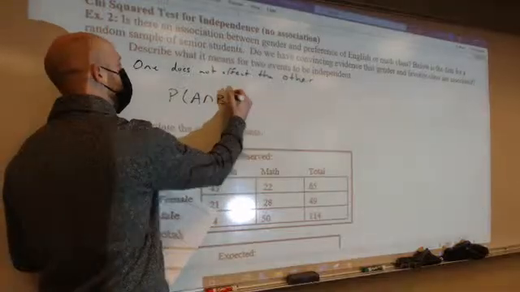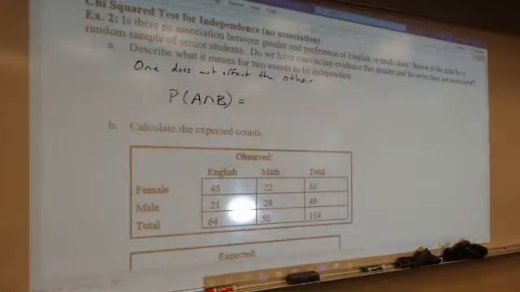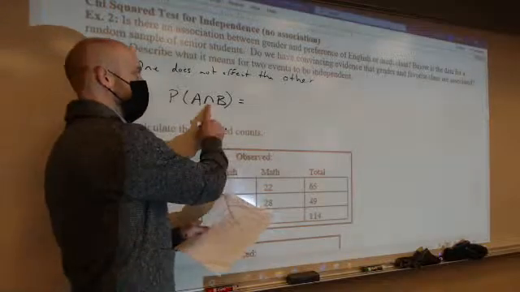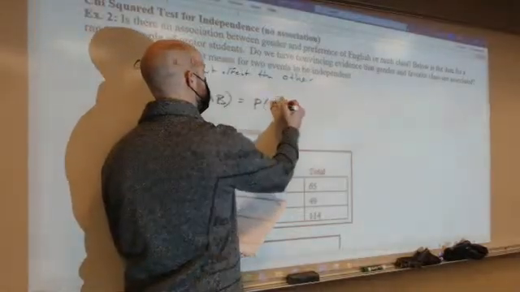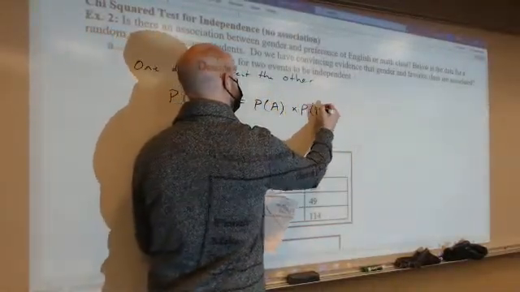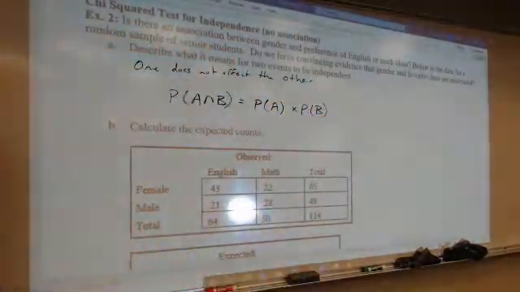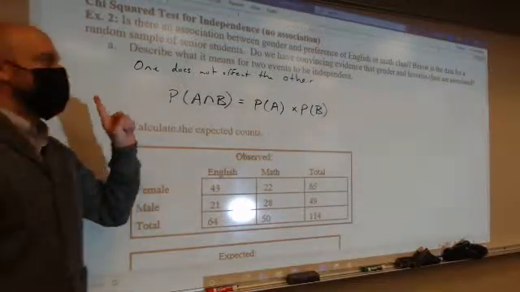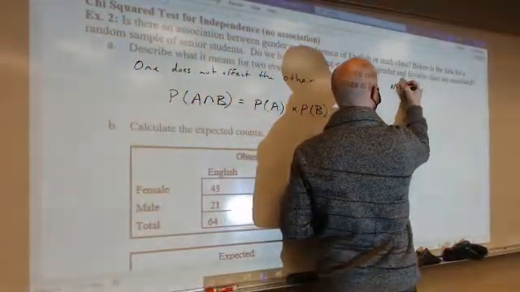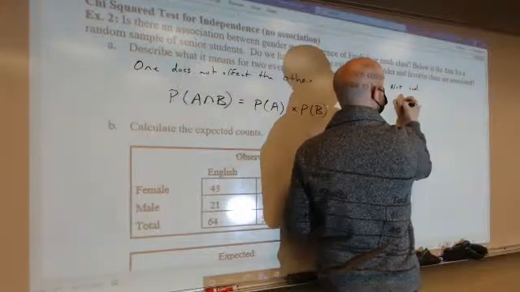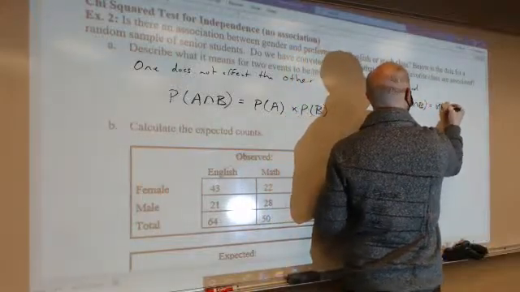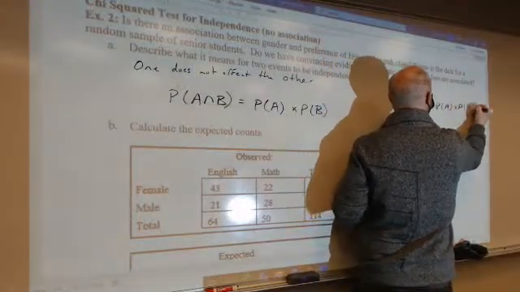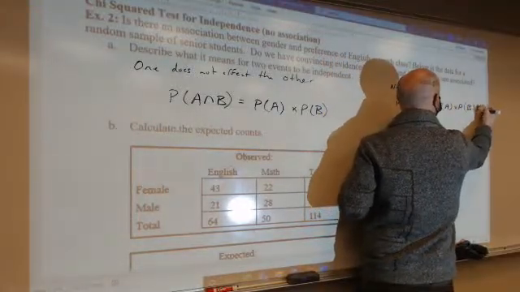If two events are independent, so going back to probability a little bit here, then the probability of them both happening would be the same as the probability of A times the probability of B. Versus not independent, so dependent events, the probability of A and B is equal to the probability of A times the probability of B, given A just happened.